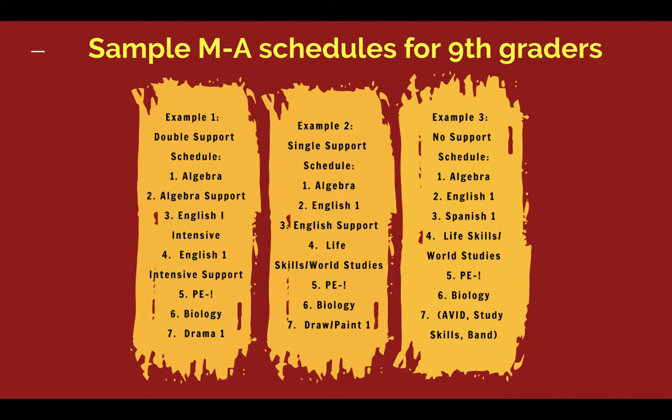And the student on the right has 1 math class, 1 English class, a language class, social studies, PE, biology, and would have the opportunity to take a possible 7th class if it was one of the programs listed on the prior slide.